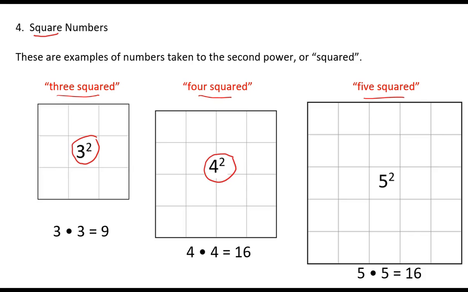I can say 4 to the 2nd power, or I can say 4 squared. And I could say 5 to the 2nd power, or I could say 5 squared. If you notice, each of these diagrams is actually a square because the length and the width are the same. So 3 times 3 is the same thing as 3 squared, and that gives me a product of 9.